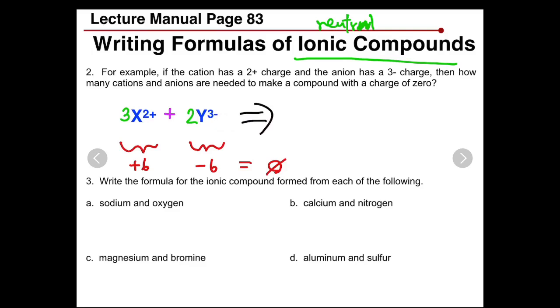Because we need 3 ions of X, this number 3 needs to become the subscript, so you write X subscript 3. The subscript tells you how many X you need in a chemical compound. So we need 3 of them, and you need 2 of Y, therefore for Y you have subscript 2 that comes with it.